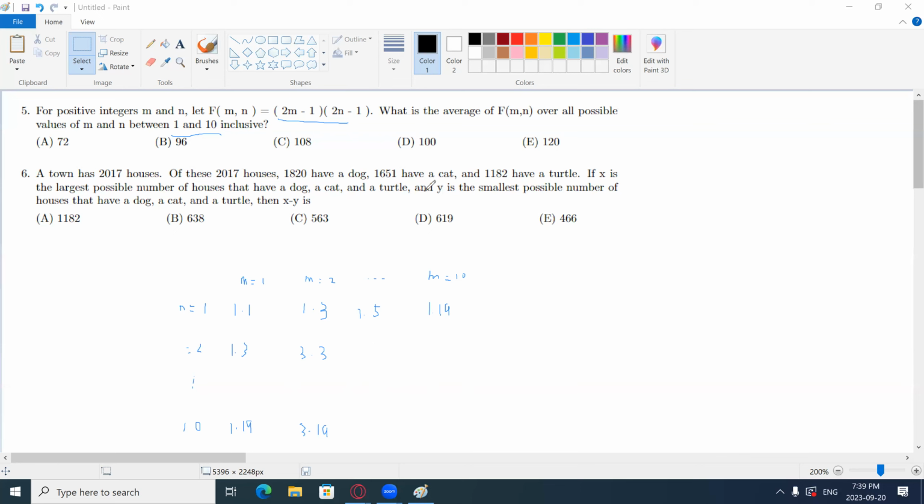So let's try to calculate the sum. The sum of the numbers in this row would be the numbers here combined, but we can factor a 1 out because they all start with a 1. So this would be 1 times (1 plus 3 plus 5 until 19).